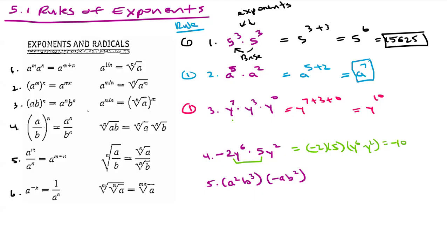And then y to the 6 times y to the second, we're just going to add the powers, which gives us y to the 8th power. So our answer here is negative 10 times y to the 8th power. All right, how about the next one there?